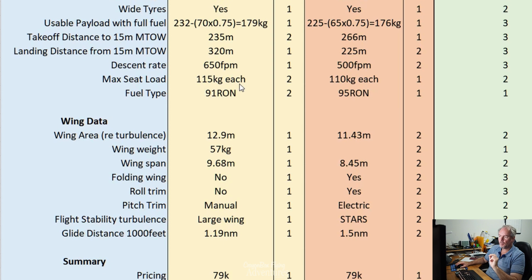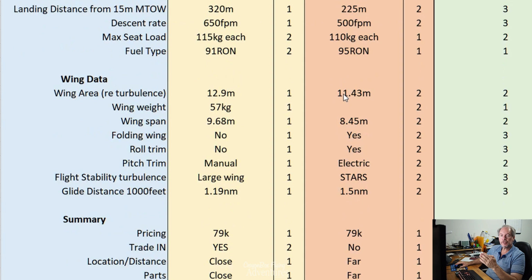But if you weigh less than 110 kilos, and your passengers do as well, the P&M will suffice. Fuel type, well, obviously with an 80 horsepower Rotax, the Airborne wins this one because it can use the 91 octane fuel as opposed to the 95 minimum in the 100 horsepower Rotax. Goes with the engine specification territory, doesn't it?